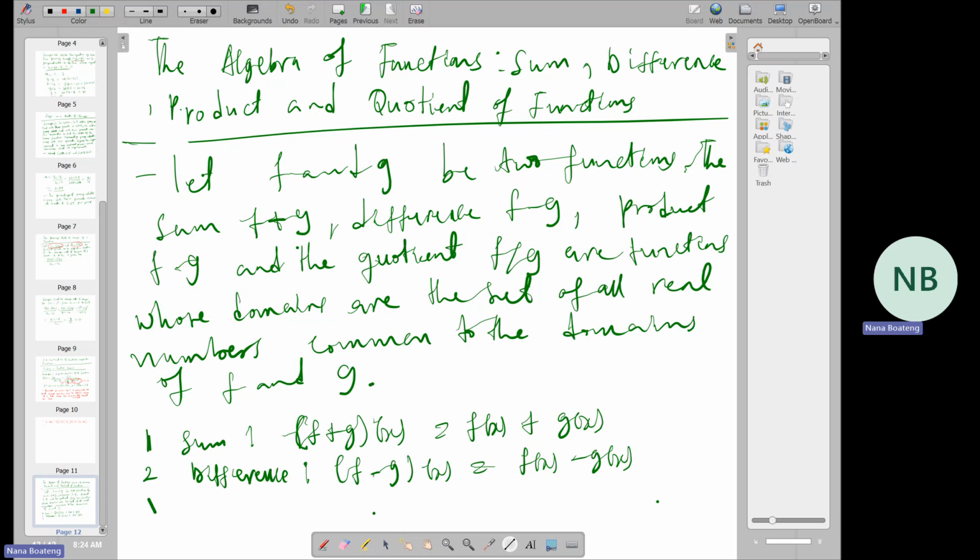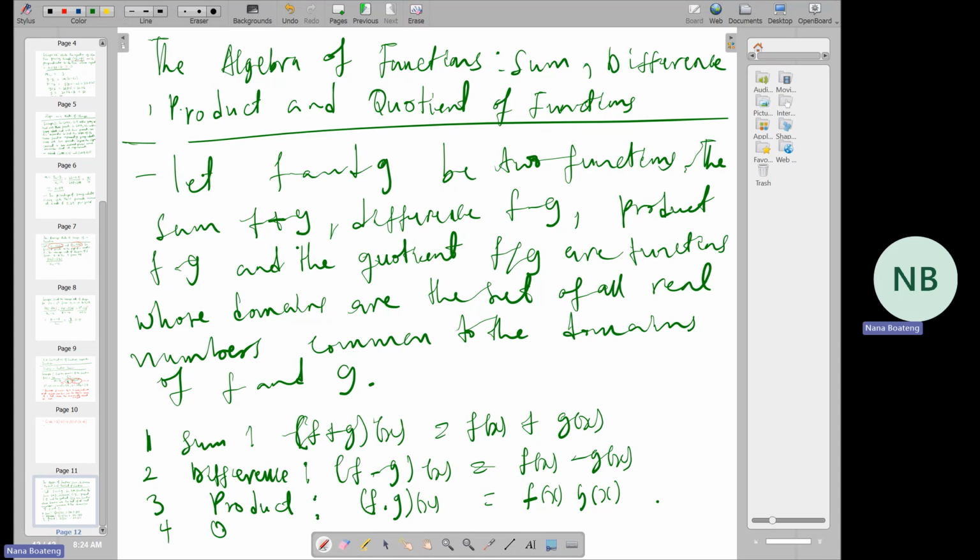And with the products, f times g of x is equal to f of x times g of x.